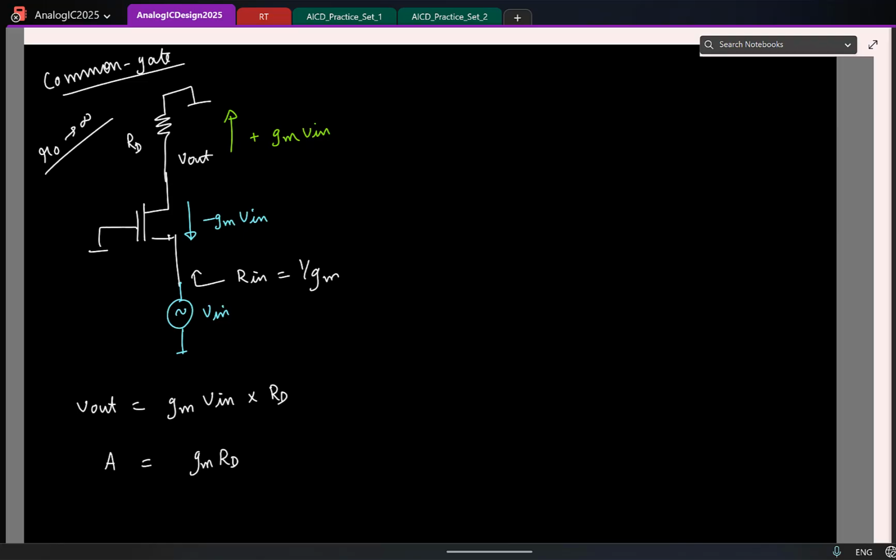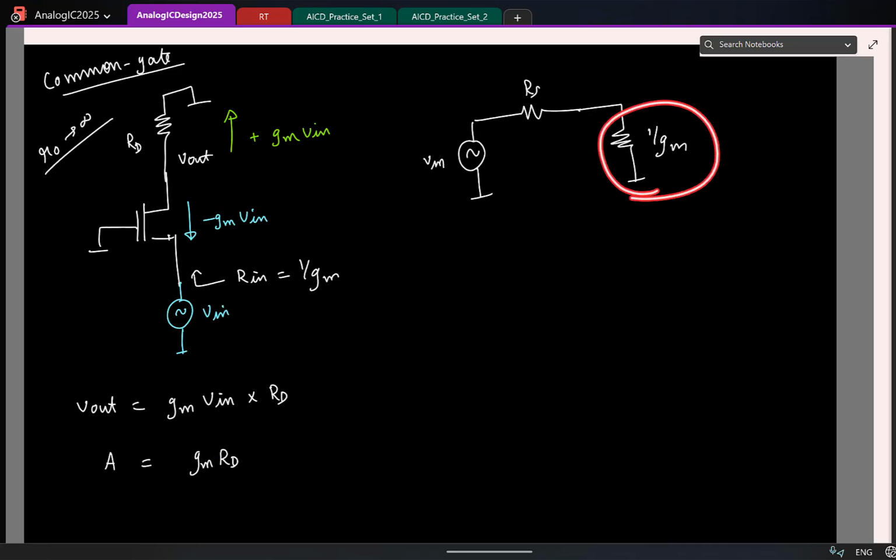So what is the input resistance now? Approximately 1 by Gm. So which means this is my input voltage source, correct? Let us say it has its own source resistance. The input impedance of my amplifier is 1 by Gm, correct? And for a large gain, I want to have a large Gm, which means the input resistance will be small or large?